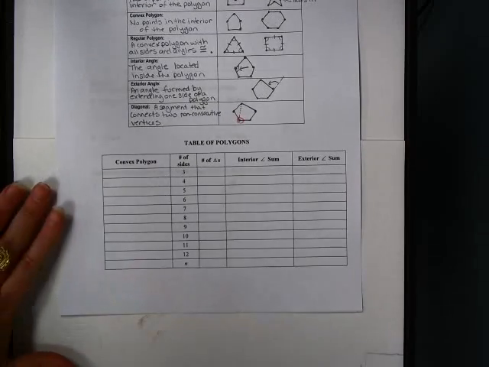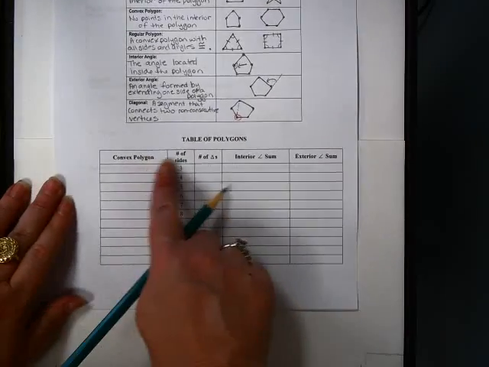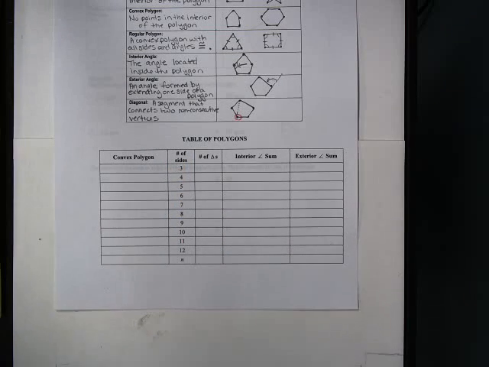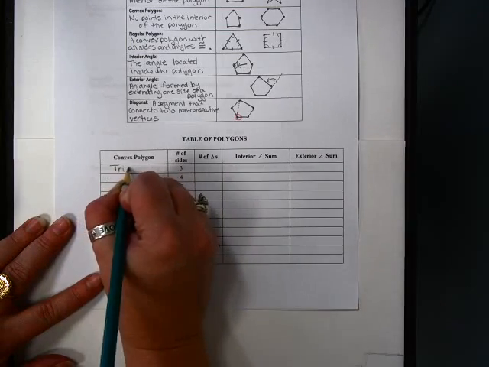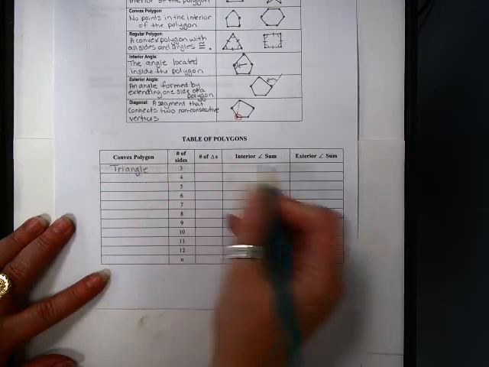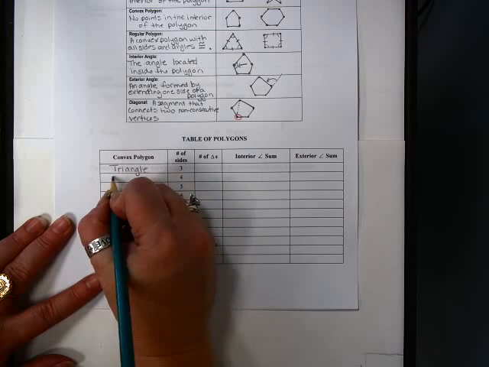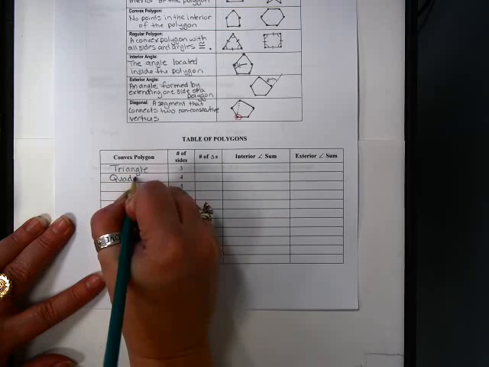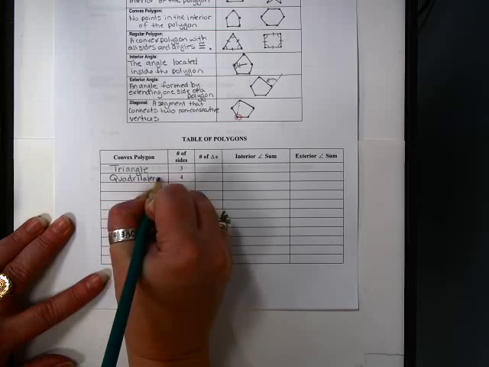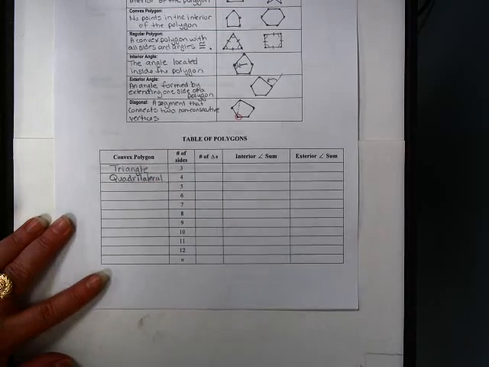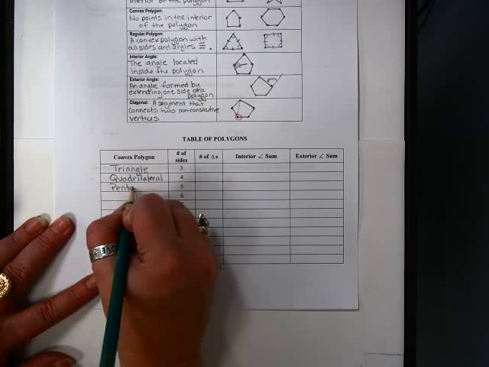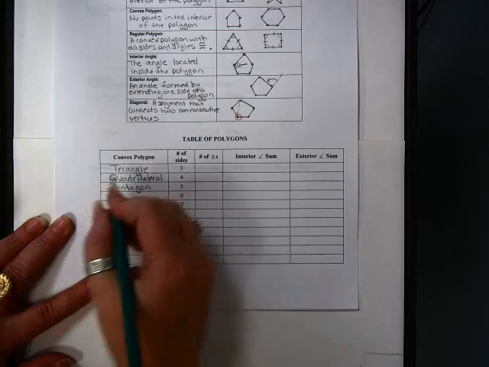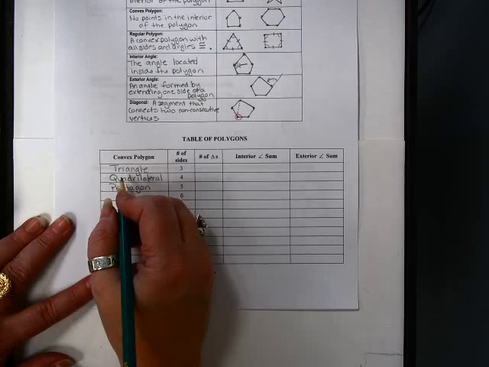Okay, now, naming of the polygons. This is something that you probably are very familiar with. A three-sided polygon is called a triangle. A four-sided is a quadrilateral. A five-sided is a pentagon. Six-sided is a hexagon.